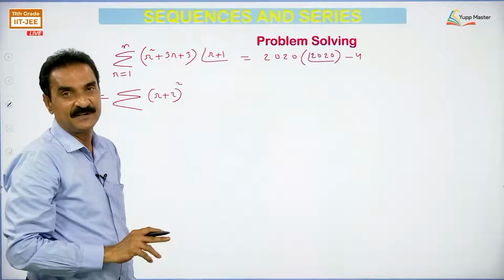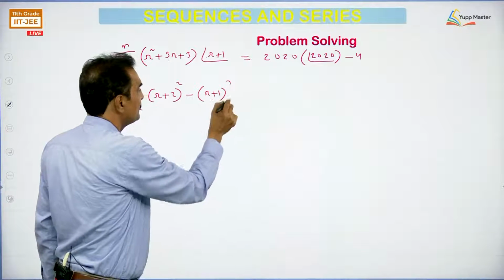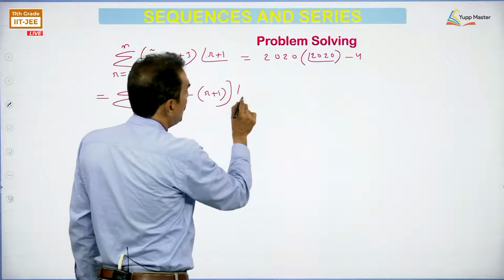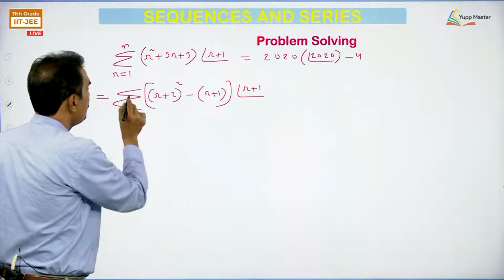For making this r plus 2 whole square, I have added r and 1 now. So, we have to subtract it. Minus of r plus 1 into r plus 1 factorial. Alright. r varies from 1 to n.